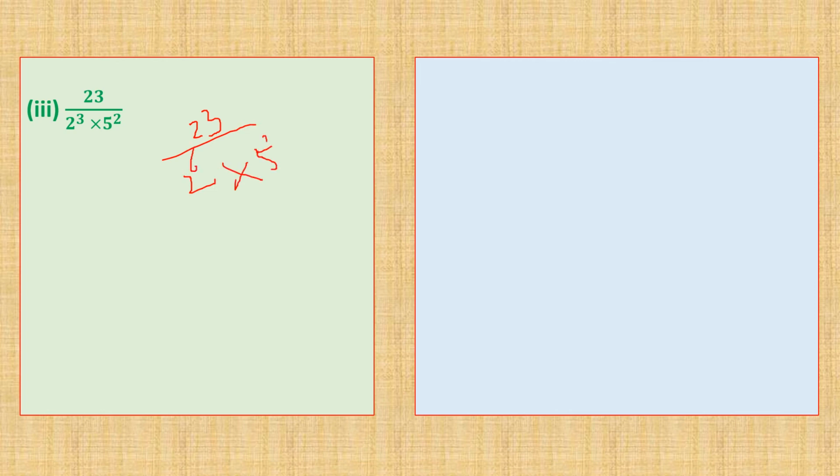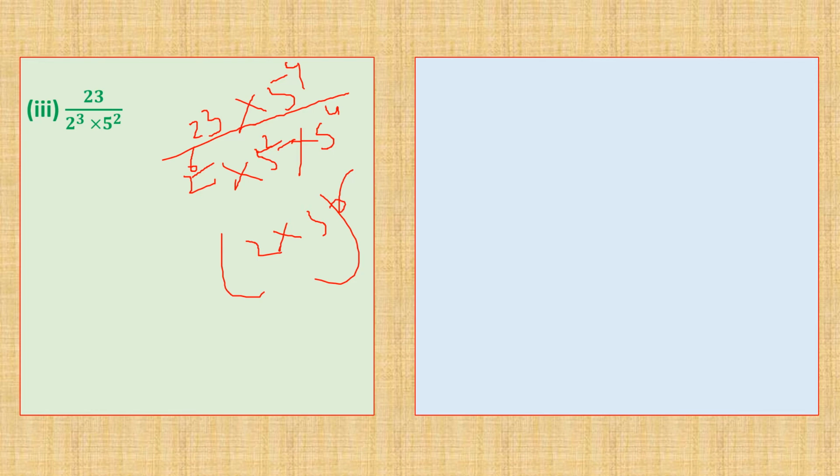Here 2 power 6 is there, but only two 5s are there, 5 into 5. Means we want 4 more 5s. So here you multiply 5 power 4 and here also 5 power 4. After doing this it is easy. 2 power 6 into 5 power 6 means 2 into 5 whole power 6, so it will be 10 power 6.